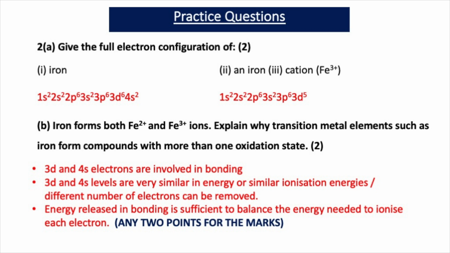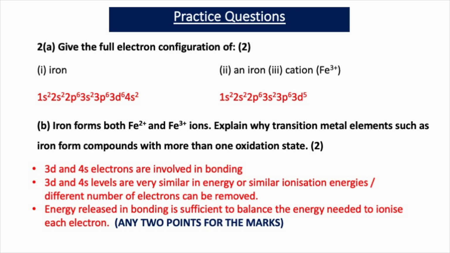Now you could also say that the 3d and 4s levels are very similar in energy, or you could say that they have similar ionization energies, or different numbers of electrons can be removed. And then the other point that you could say is that energy released in bonding is sufficient to balance the energy needed to ionize each electron. And there's a maximum of 2 marks here, so you needed 2 of these points to get the marks.